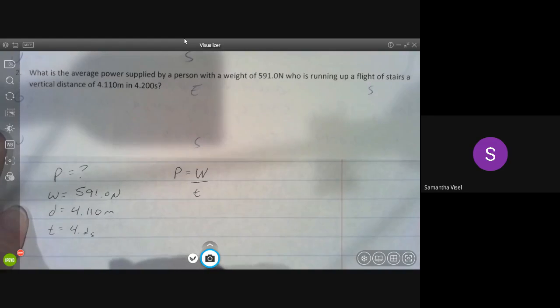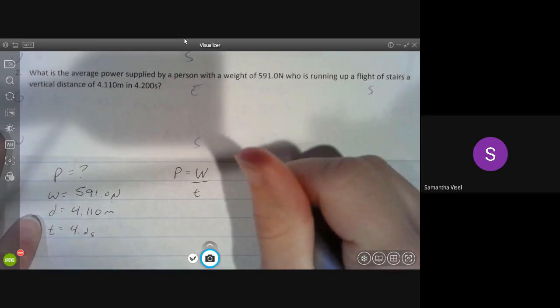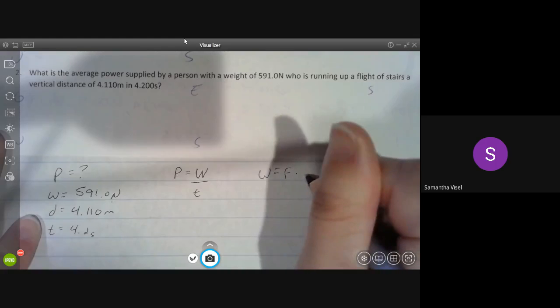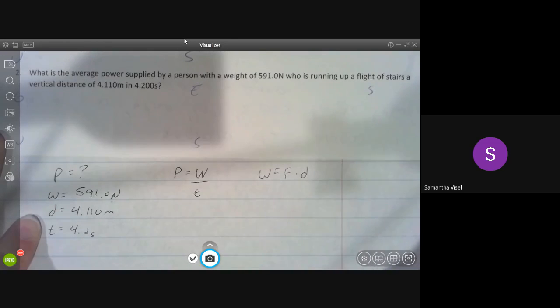So this is a two-part problem: I have to solve for work first, get that number, and then I can plug that number into my power equation. So work is force times distance, and I don't see a cosine of theta here, so I'm going to leave that out. If you did do that, you could just use cosine of 0 if you want to habitually use the cosine of theta.